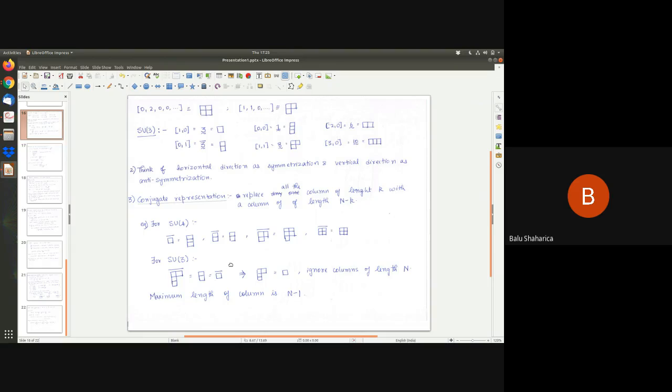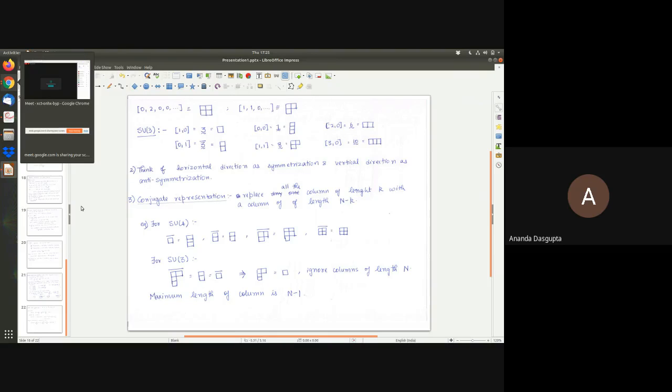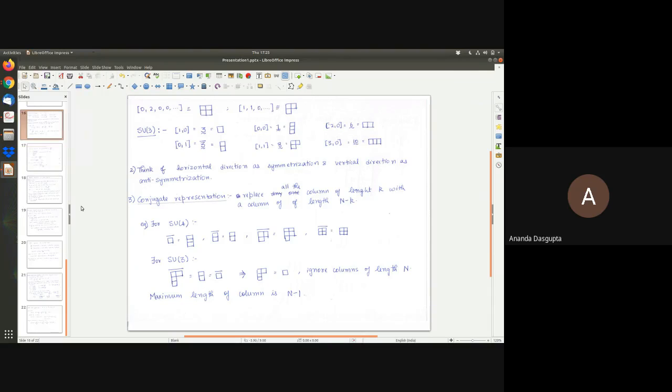It's just that it's convenient for us to not have it. Instead of having this three column thing, say if you had a column with three elements in SU3, it's the same thing as not having one. So that's the same thing as having a box whose conjugate will be the two boxes. And that's actually the conjugate of one box.